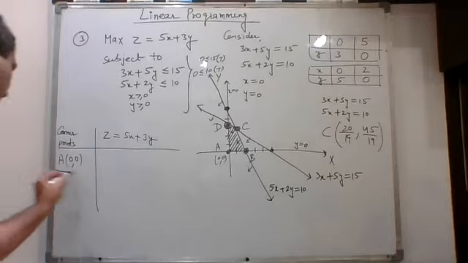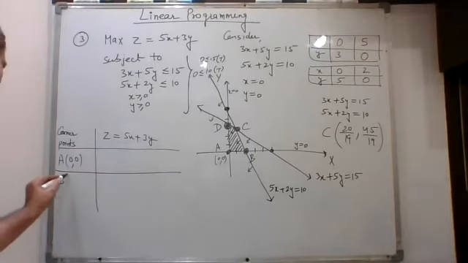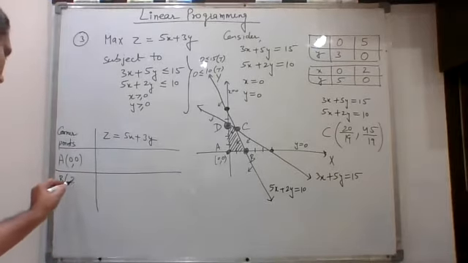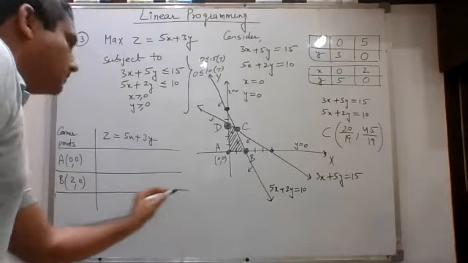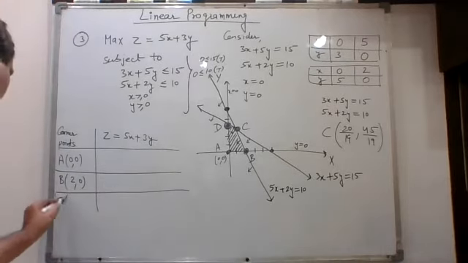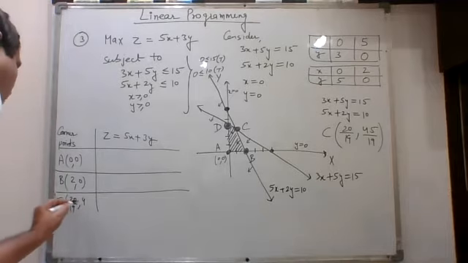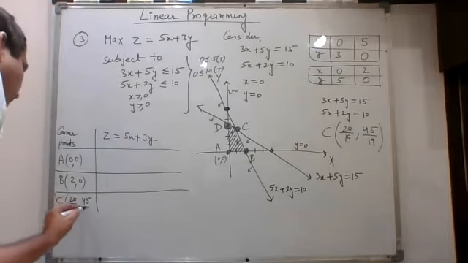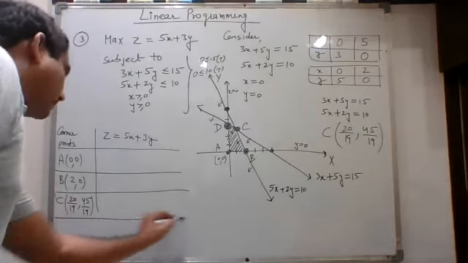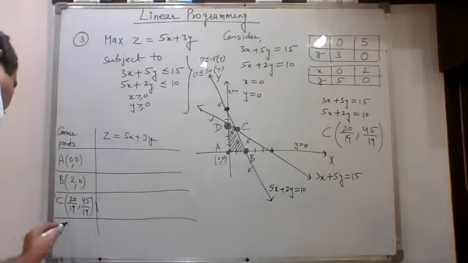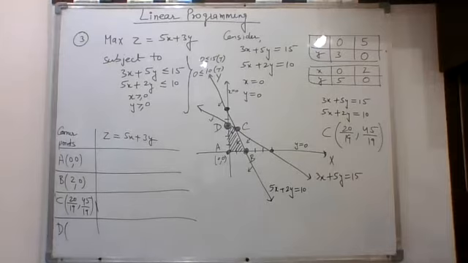A is (0, 0). B is (2, 0). C will be (20/19, 45/19), and D will be (0, 3).